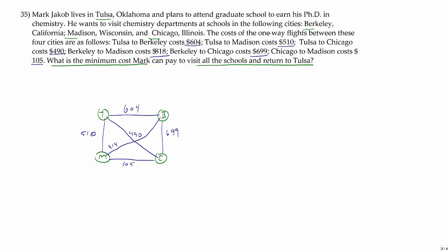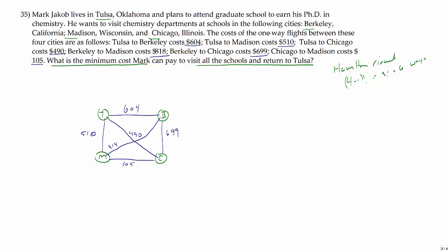Okay, now like I said, we are looking for a Hamilton circuit because we want to visit each school and return to the same school. Now as we saw in the previous example, since I have 4 vertices, there's going to be 4 minus 1 factorial, so 3 factorial, or 6 possible paths.